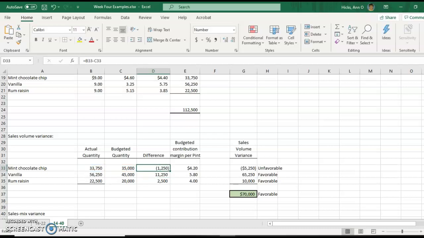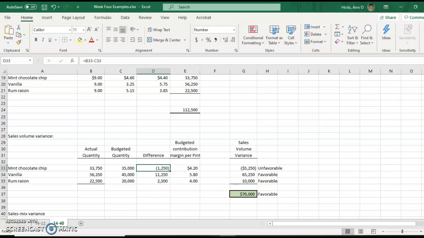Mint chocolate chip, we sold 1,250 fewer than we had planned. Vanilla, we sold 11,250 more than we had budgeted, and then rum raisin, 2,500 more.